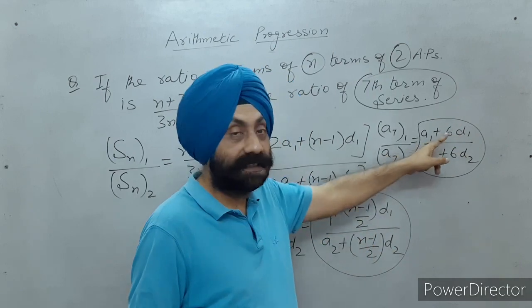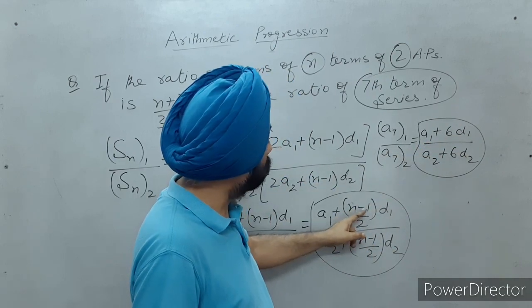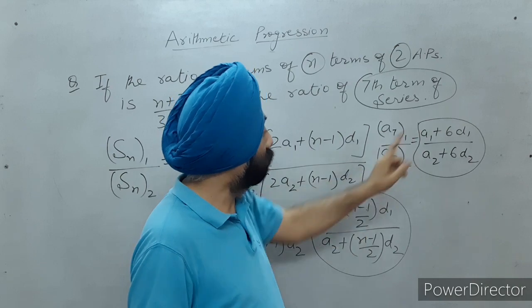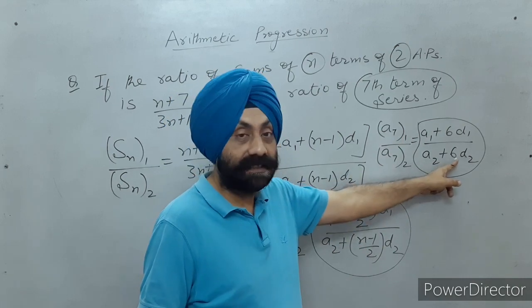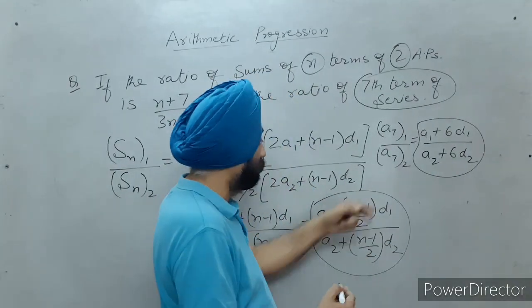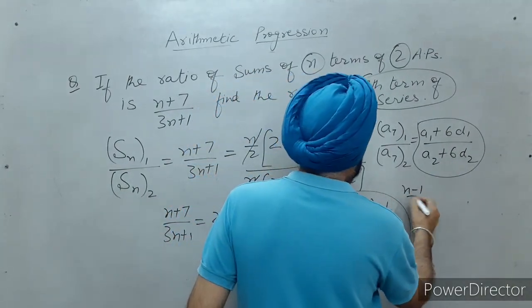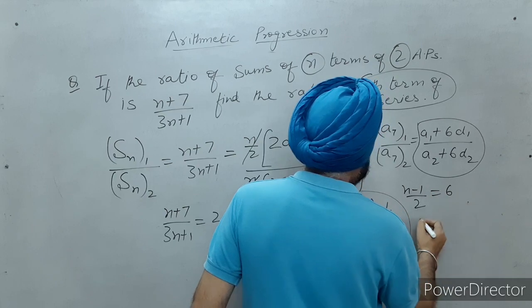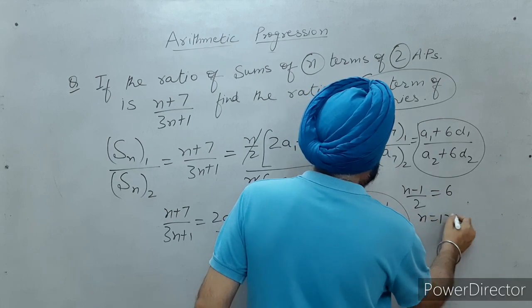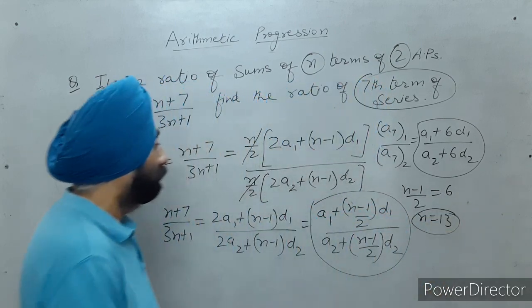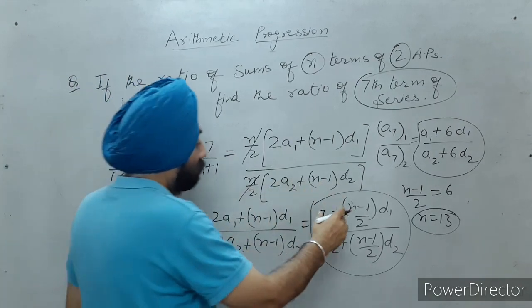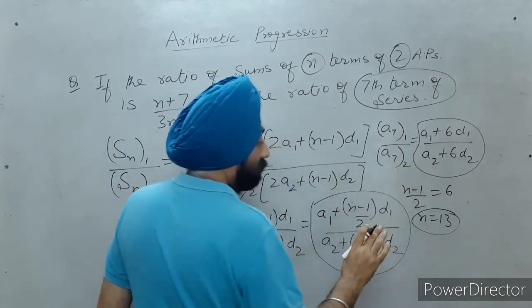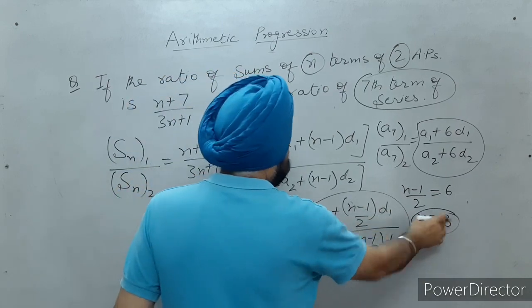In place of 6, here it is written n minus 1 by 2 d1. a2 plus n minus 1 by 2, it's 6 d2. So can I compare these? n minus 1 by 2 must be equal to 6. So n must be equal to 13. On comparing the right hand side of this with this, I get n equals 13.